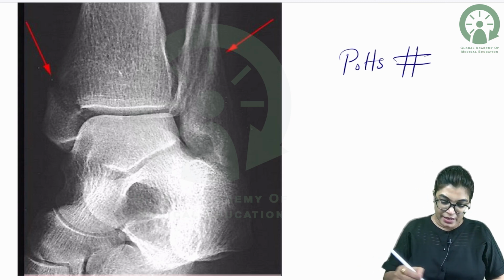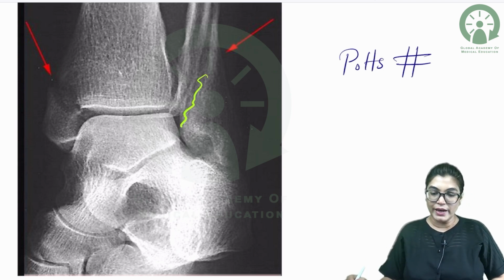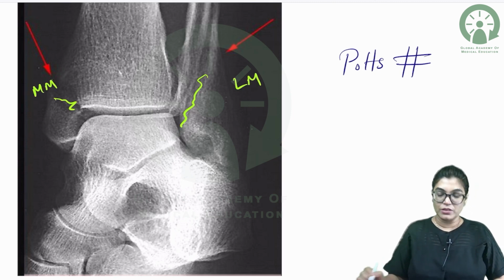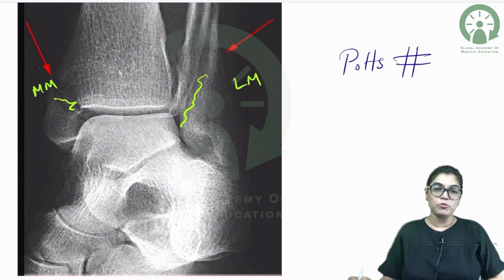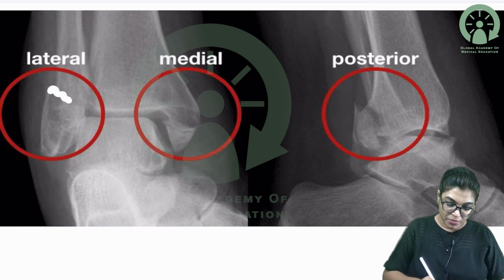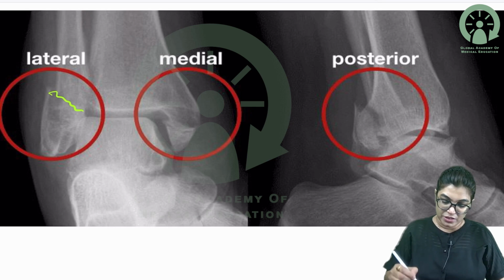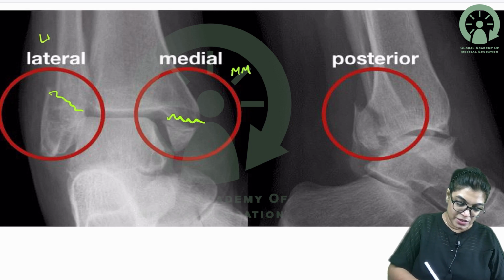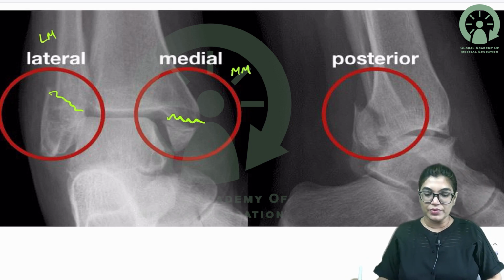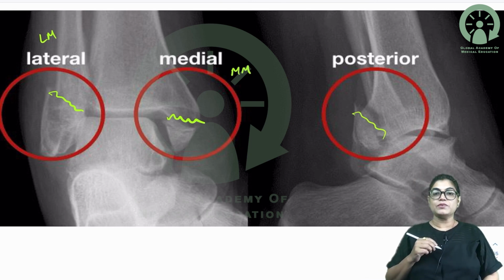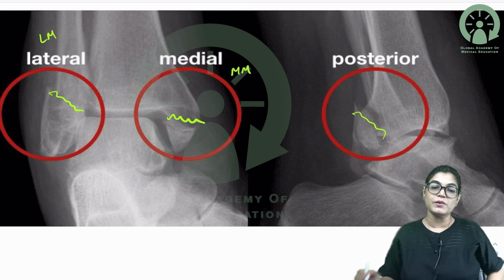In the first stage, there is an oblique fracture of the fibula lower end, that is the lateral malleolus, and there is a transverse fracture of the medial malleolus. This is called the bimalleolar Pott's fracture. Once more, on the lateral side there is an oblique fracture of the lateral malleolus, and a transverse fracture of the medial malleolus. And there can be a third fracture, that is fracture of the posterior margin of the tibia, which is called the third malleolar fracture, and this becomes a trimalleolar fracture.